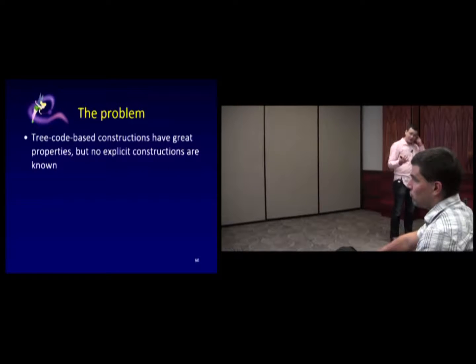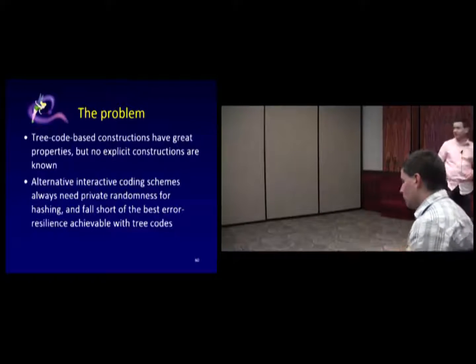And so I can promise you that if you construct just a plain tree code the way I defined it, that's efficient, it will solve all the problems, and it would tremendously improve our understanding of interactive coding.